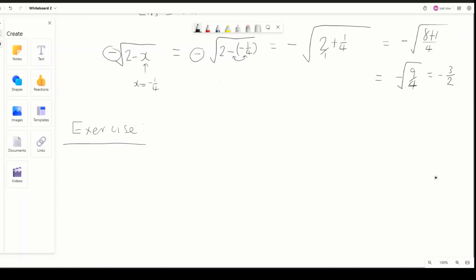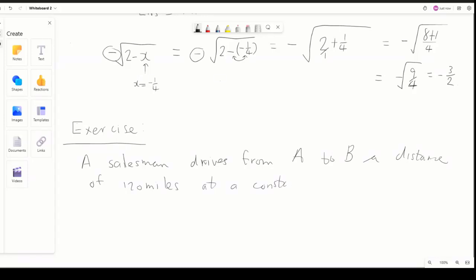Yes, yes. Okay, it says a salesman drives from A to B a distance of 120 miles at a constant speed.